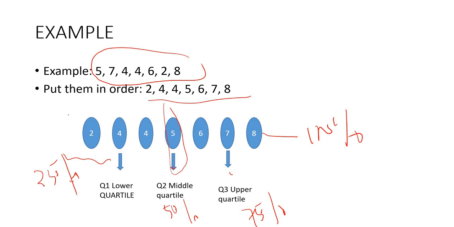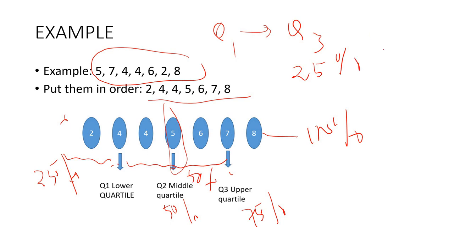It is starting from 0. Here it would be 25 percentage, so this area will cover 50 percentage. Like that, you have to split. Q1 to Q3 means 25 percentage to 75 percentage.